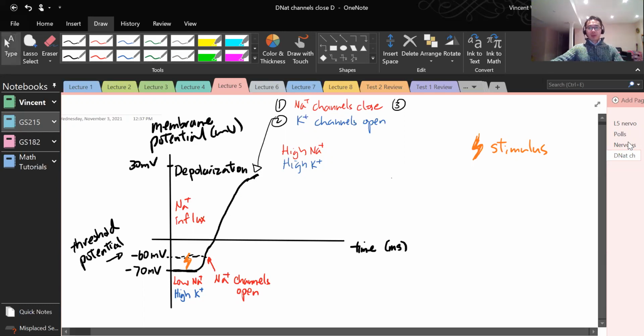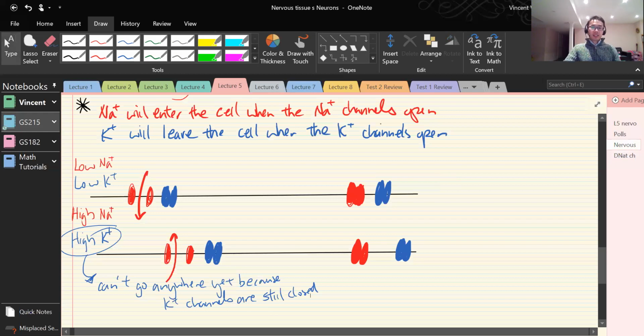Okay, let's go back to our lovely drawing here. Let's look at what happens further down the axon. This is the direction of transmission, the direction of the impulse. Impulse is just a fancy word for signal.